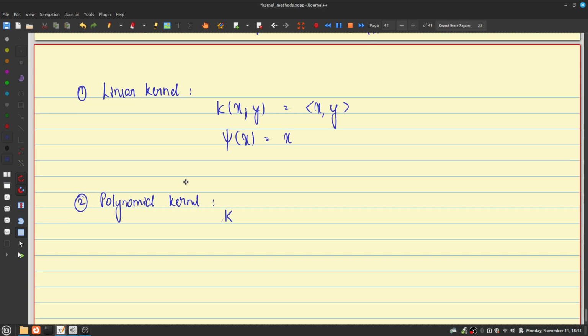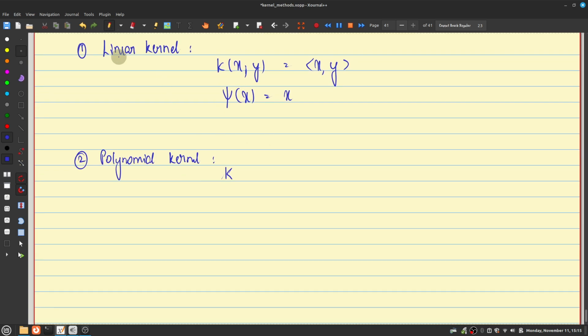So let's look at the polynomial kernel. Right now I'm going sort of backwards. Instead of first defining a feature map and then trying to find out what the inner product looks like, I'm trying to first define a kernel which is supposed to be my inner product and then trying to see what the feature map would look like.